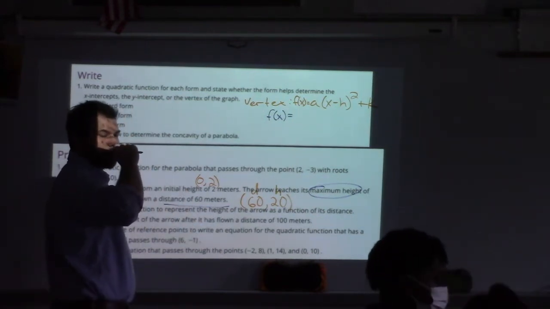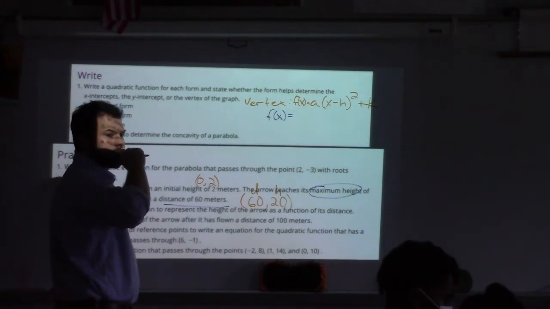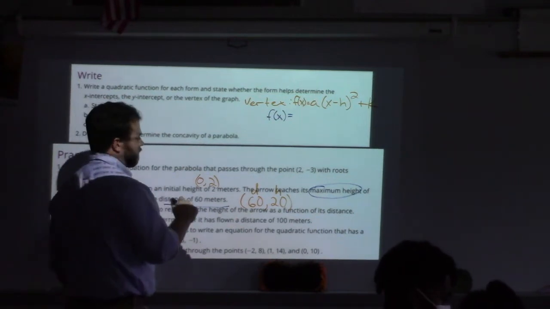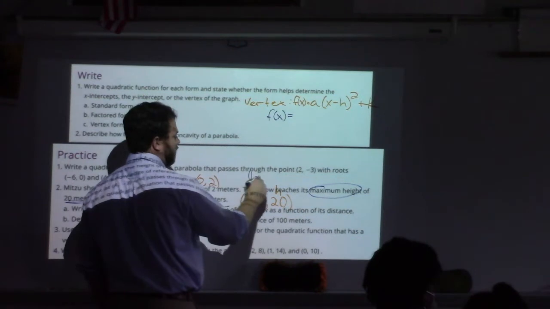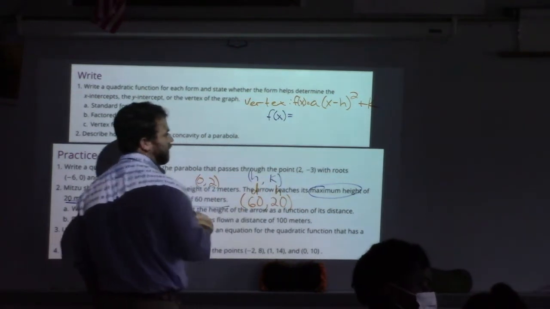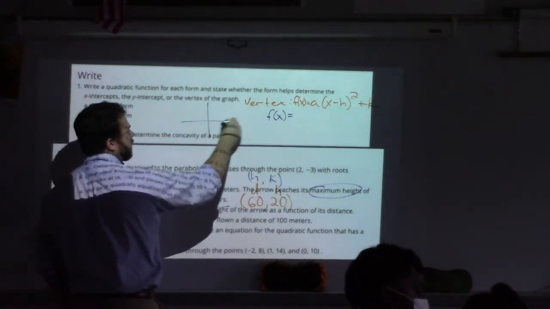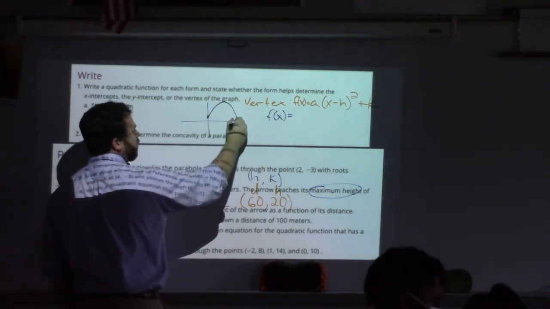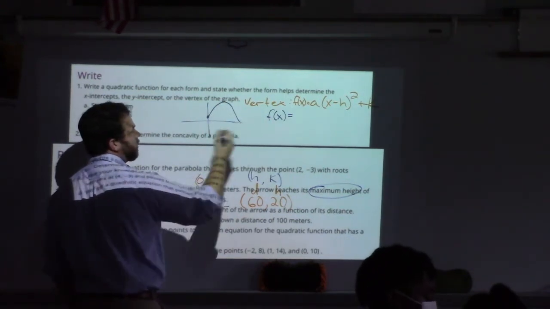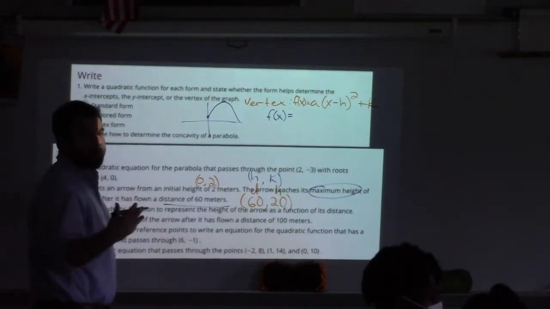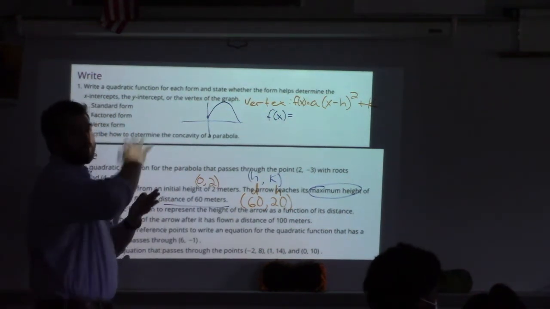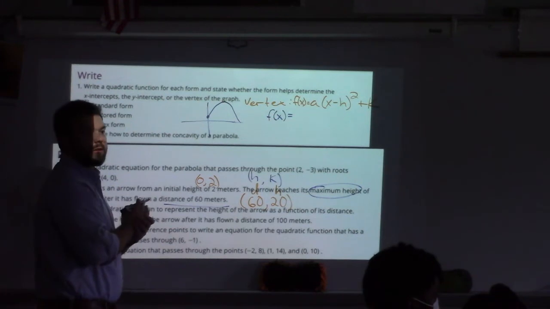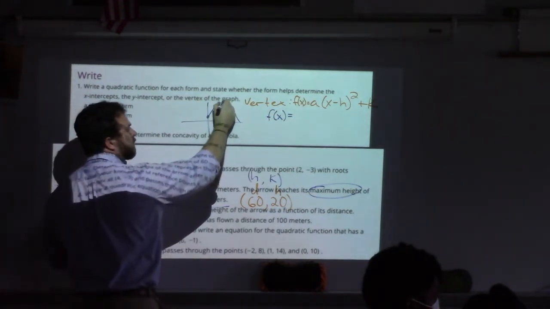We wrote it as 60, comma 20, because the maximum height is 20. That's the y, the 20 is like the y. And k is, I don't know. You're on the right path. The way this problem is set up, we're talking about the maximum height, which would be up here.